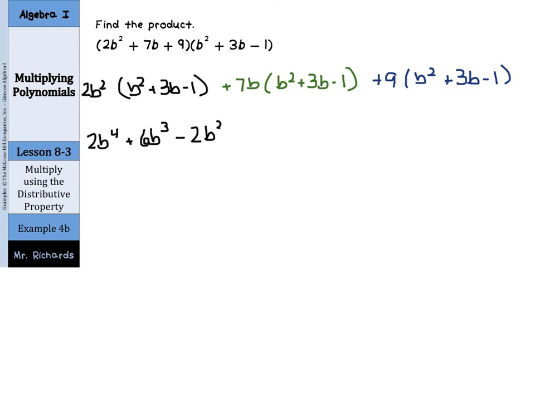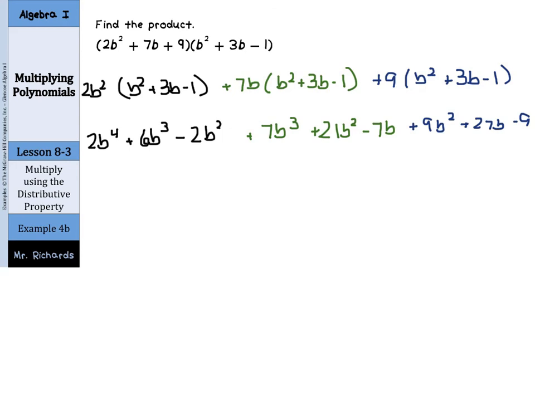So that's going to be plus 7b to the 3rd. 7b times 3b is plus 21b squared. And then 7b times negative 1 again is minus 7b. And for our last set, 9 times b squared is plus 9b squared. 9 times 3b is plus 27b. And then 9 times negative 1 is negative 9.